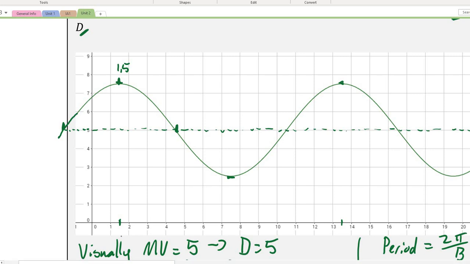Is it halfway? Is it 3/4 way? The first peak. It's a quarter of the way through because there's 4 critical points basically. There's midpoint to peak, that's the first quarter, peak to midpoint, second quarter, midpoint to trough, third quarter, trough to midpoint, fourth quarter.